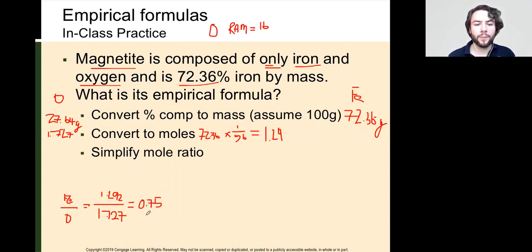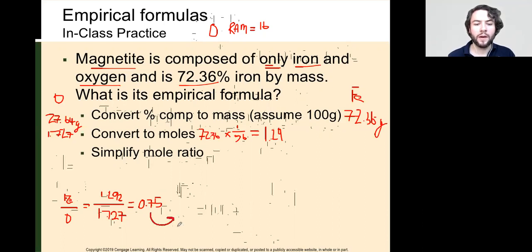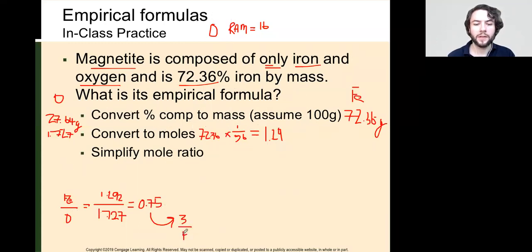So in order to make this a whole number, 0.75 is the same as 3/4. So we have to multiply by 4, which means that we'll end up with 3 irons, and then we will have 4 oxygens.